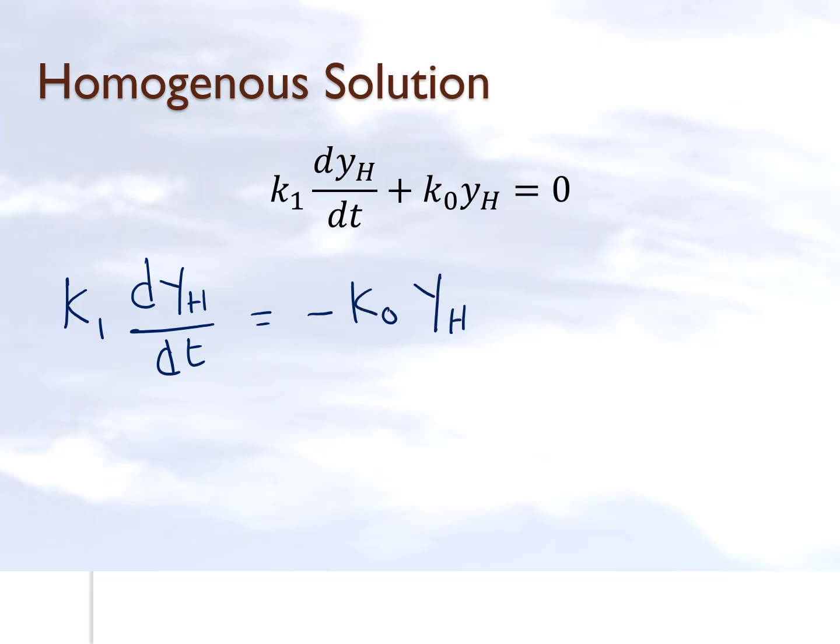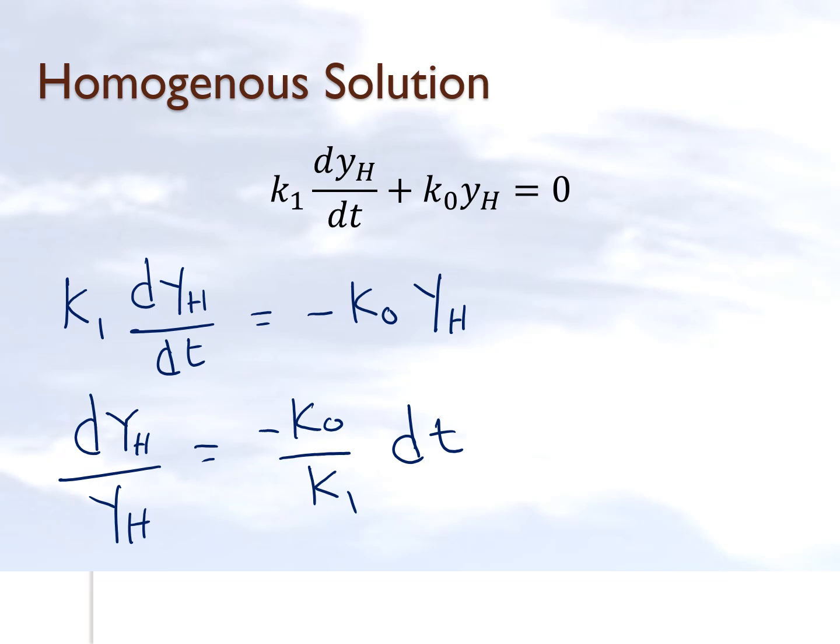Now let's separate variables and have everything that belongs to y on one side and everything that belongs to t on the other side, where t is our independent variable and y is our dependent variable. So we can write this equation as follows: dyh over yh, dividing both sides by yh, equals minus k naught over k1 dt.